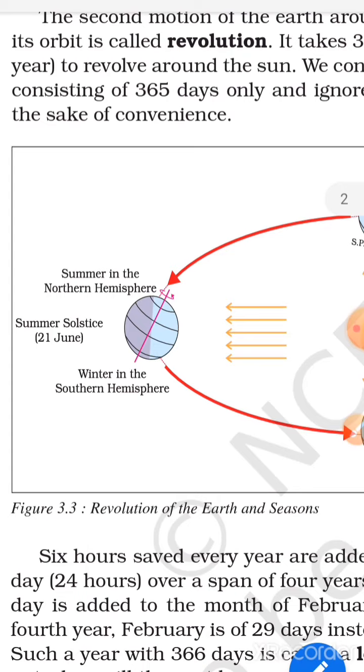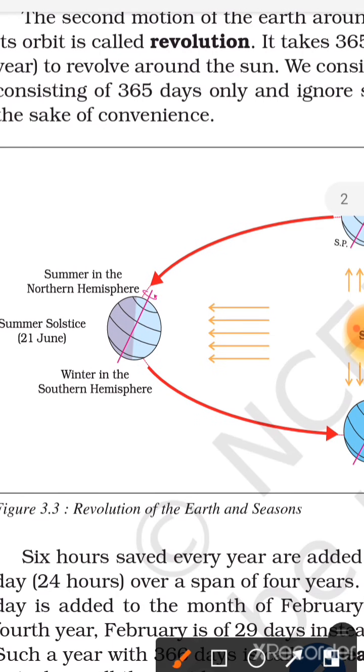So the sun rays directly fall on the Tropic of Cancer. Tropic of Cancer is present in the northern hemisphere. So the places which are present in the northern hemisphere experience the summer season.